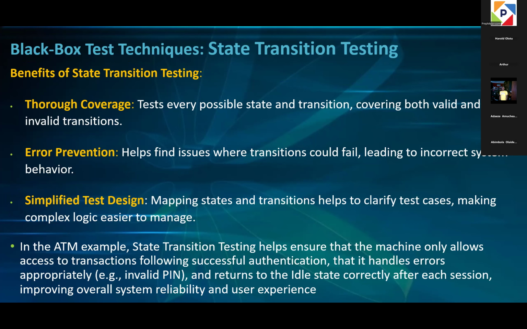That it handles errors appropriately, that's the invalid PIN you are probably putting in there, and also it makes the whole transition process correct after each section, thereby improving the overall system reliability and user experience. Okay. So let's move forward.